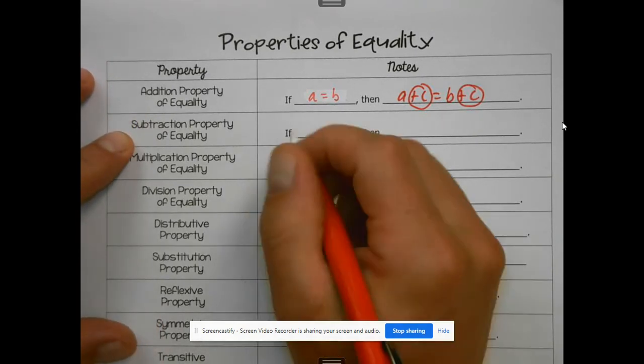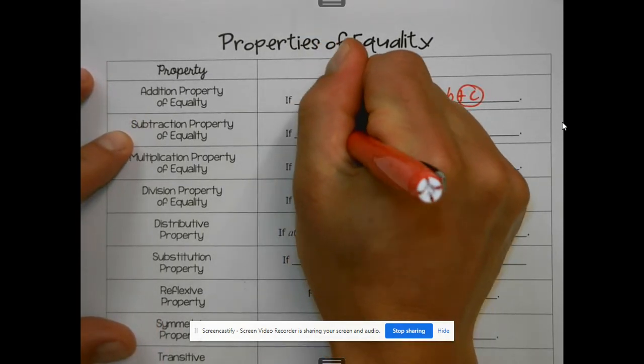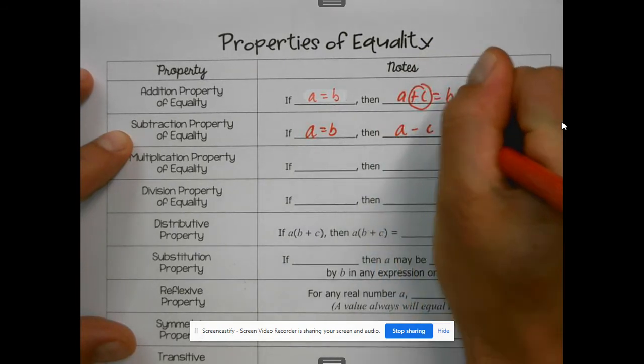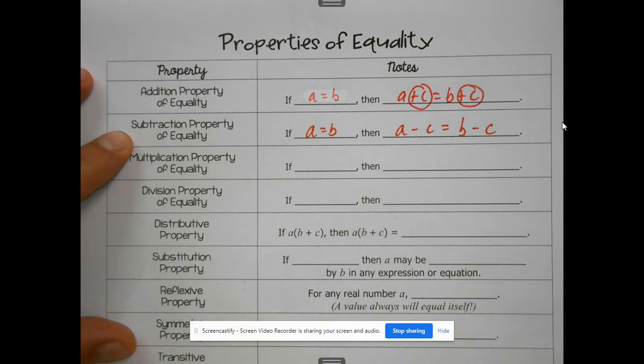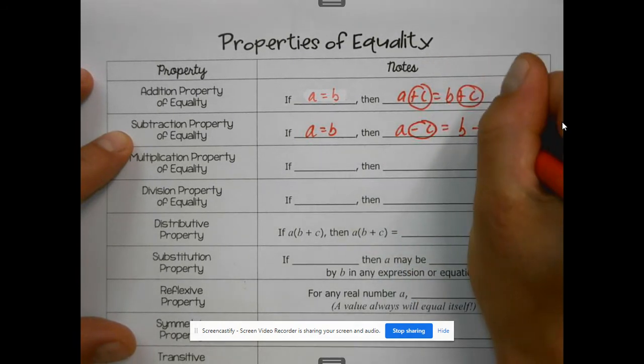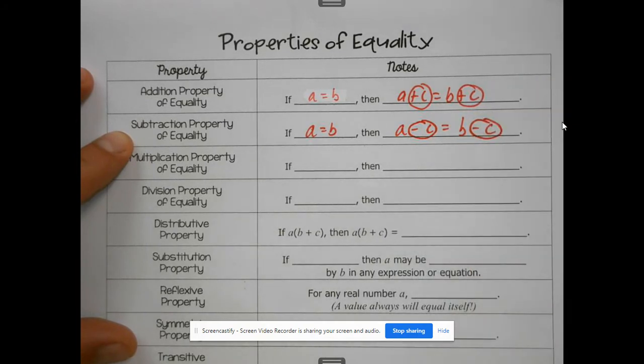Subtraction property, if A equals B, then A minus C equals B minus C. And then once again, we're subtracting C from both sides of the equation.